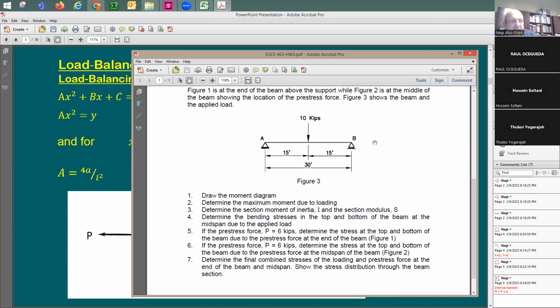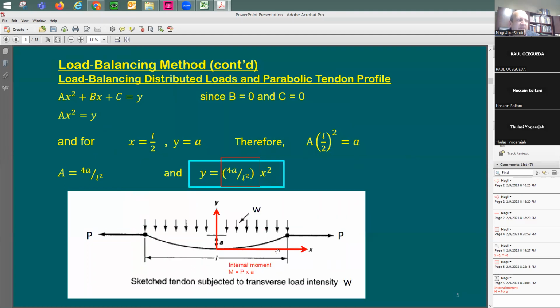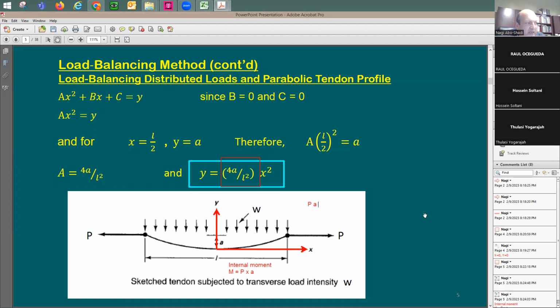Yeah, this is exactly correct. This is going to be the external moment. External moment is going to be from the beam analysis, right? Internal moment is going to be P times A in this case. So I can simply say external moment is going to be equal to internal moment, right? Can I say that? Yes. Okay, let me write it down. So I'm going to say here, P times A, what is that? Internal moment, correct?